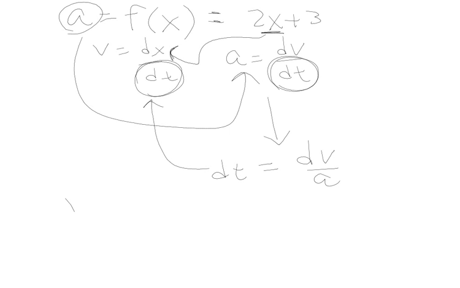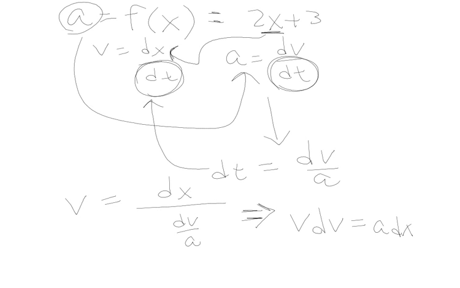That gives me v is equal to dx over dv over a. And you can go ahead and simplify here. Ultimately, what you want to end up with is v dv is equal to a dx. That's just from algebraically manipulating this equation here.